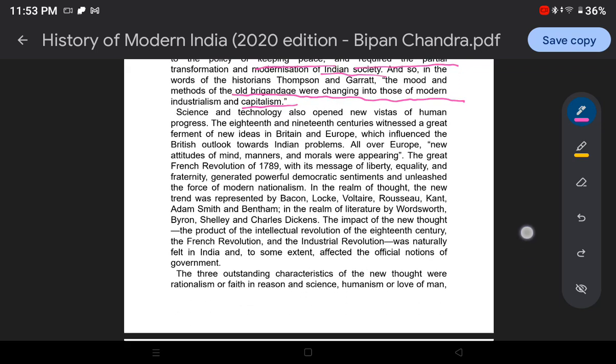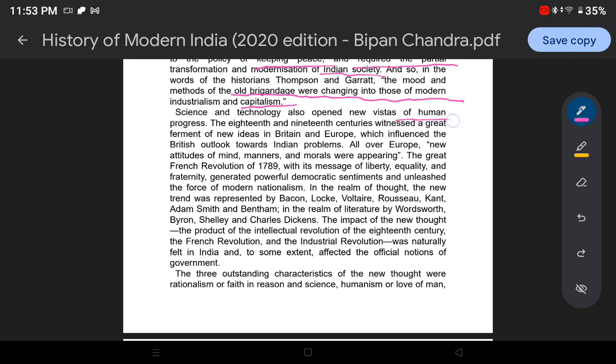Science and technology also opened new vistas of human progress. The 18th and 19th century witnessed a great ferment of new ideas in Britain and Europe, which influenced the British outlook towards Indian problems. All over Europe, new attitudes of mind, manners, and morals were appearing.